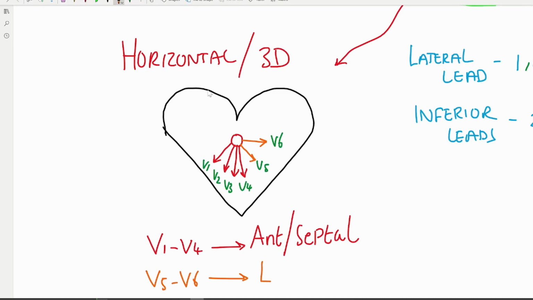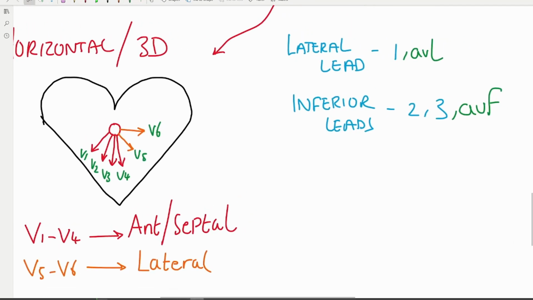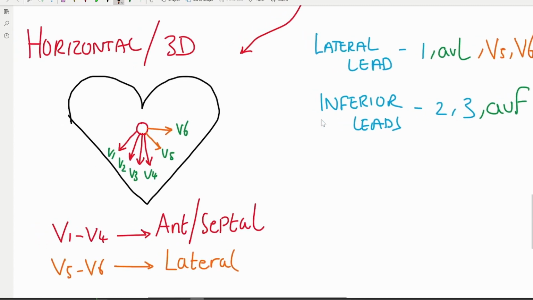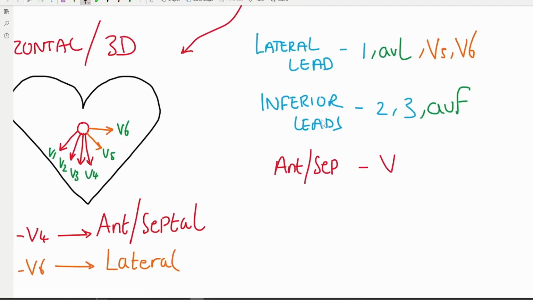We said they are lateral. So now let's start filling in our leads. So lateral, we know our precordial V5 and V6, they are lateral. And anterior septal, anterior or septal, they are V1 to V4.